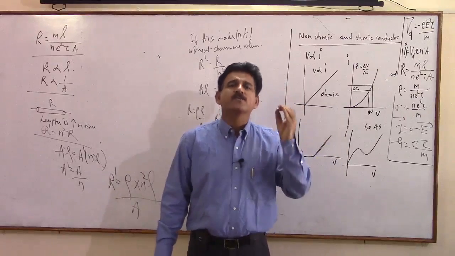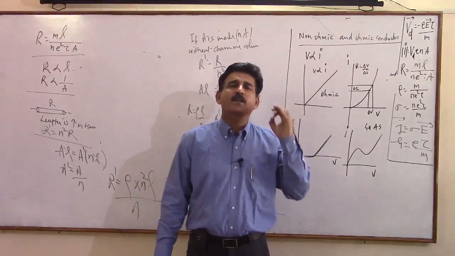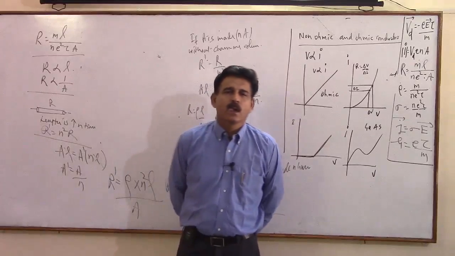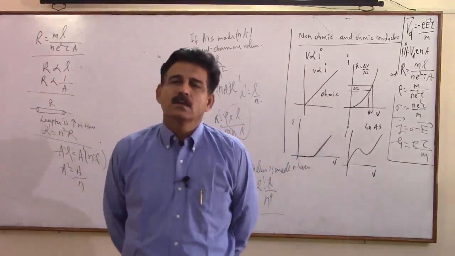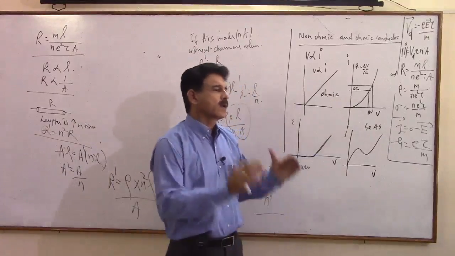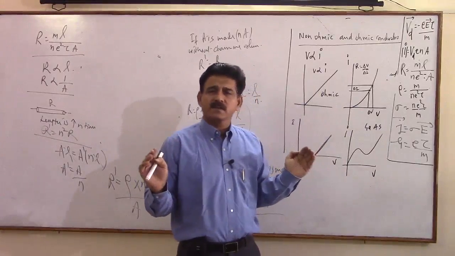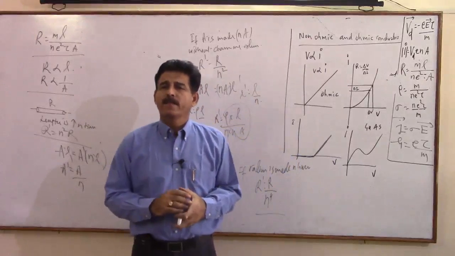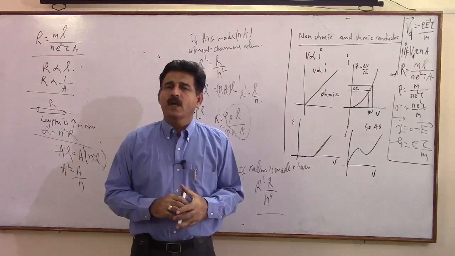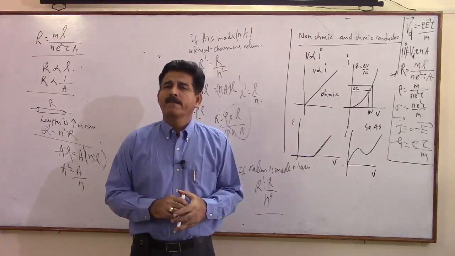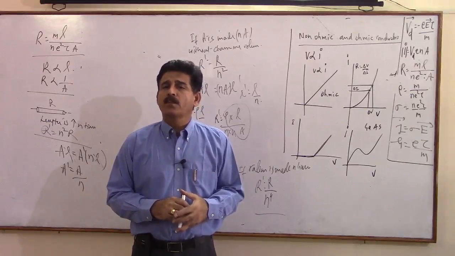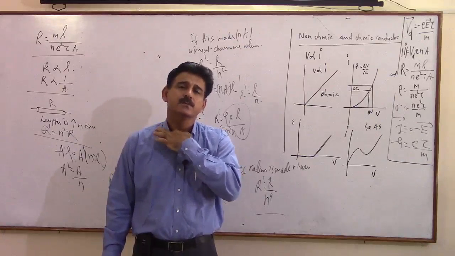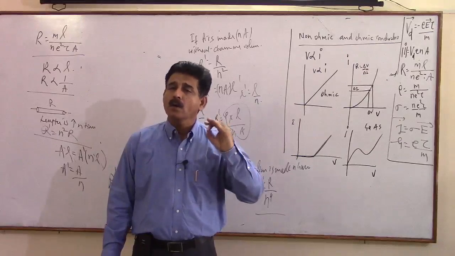The conductors which follow Ohm's law over complete range of operation are called ohmic conductors, and the ones for which the VI graph is not of constant slope and passing through origin are called non-ohmic.